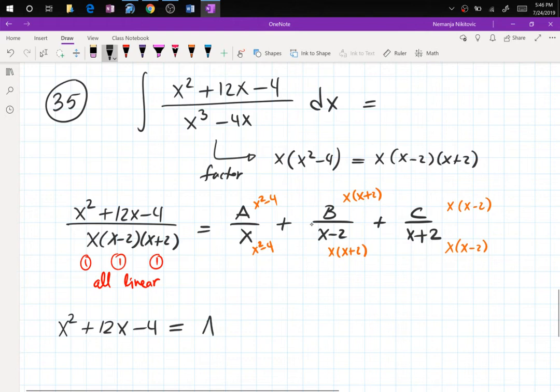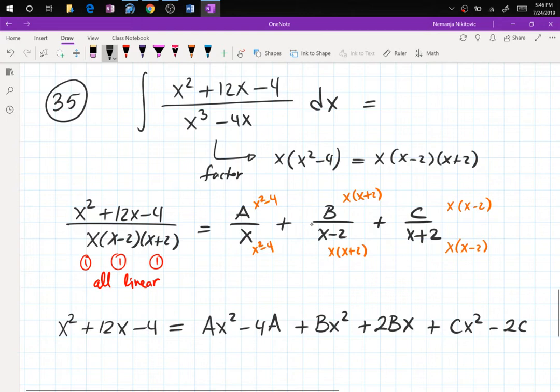So you have Ax squared minus 4A, plus Bx squared plus 2Bx. You see, this x multiplies the 2, gives you 2x, and then times B, so 2Bx. Plus Cx squared minus 2Cx.